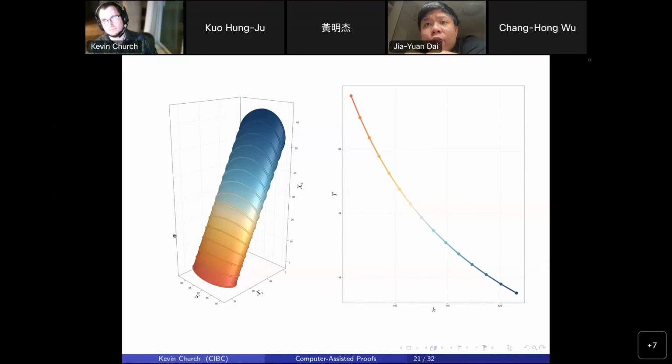Do you have the formula or some implicit formula of the time map? Of the time map? Sorry, which map? The time map, to know the relation between time and the position of the solution.